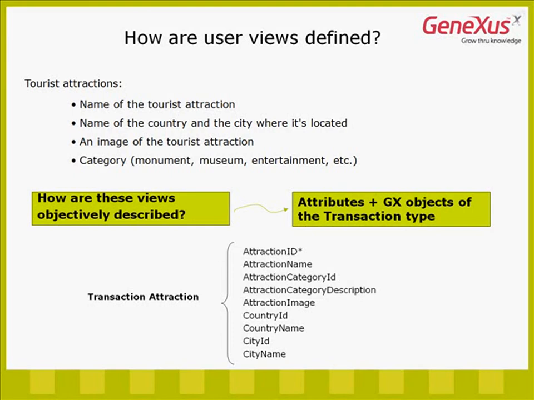We'll also have an image and data about the country and the city to which the tourist attraction belongs. We'll see what the definition of this transaction is and what the definition of these attributes looks like within GeneXus itself. At the same time, we will be complementing this information with a few more concepts.